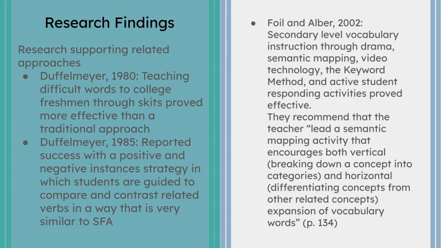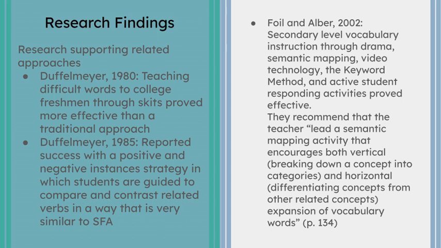And then we've got Foyle and Albert in 2002, and their whole article was about secondary level vocabulary instruction through drama, semantic mapping, video technology, the keyword method, and active student responding activities. And all of those interactive types of instruction proved effective.